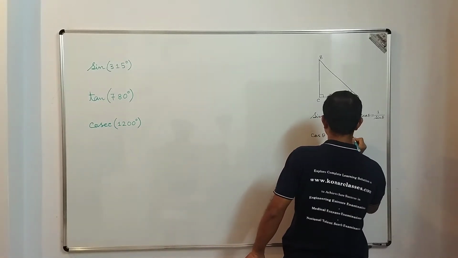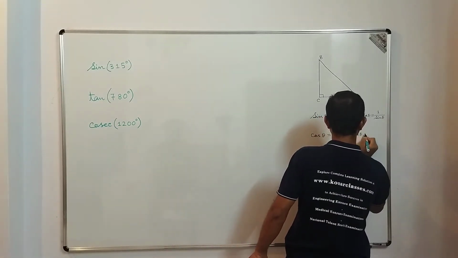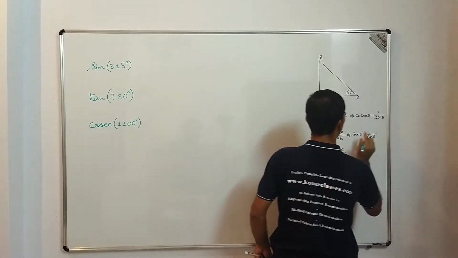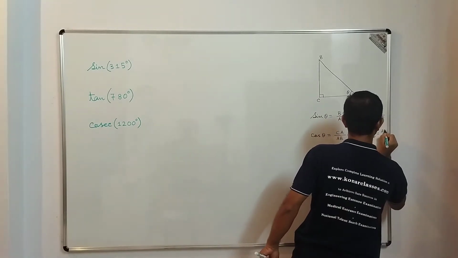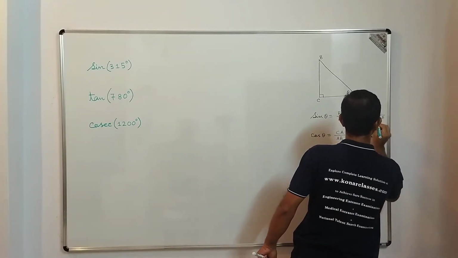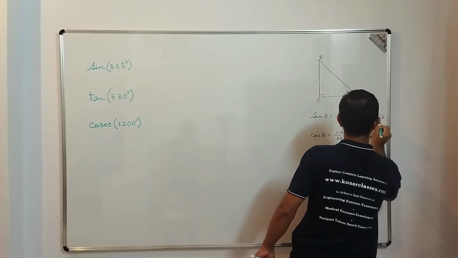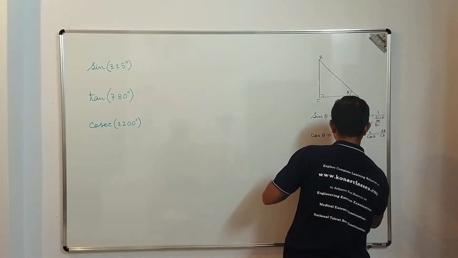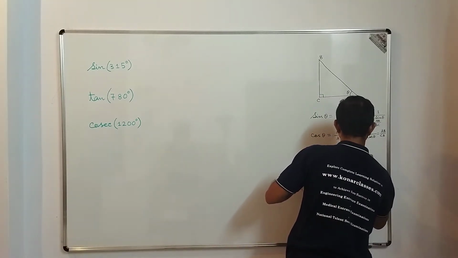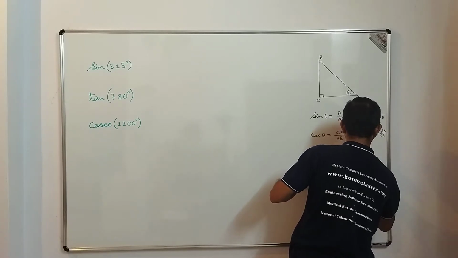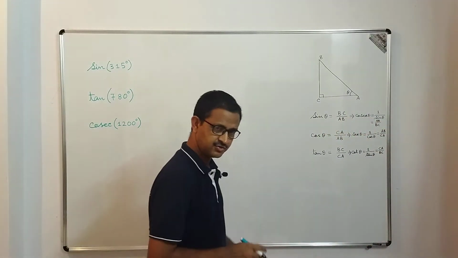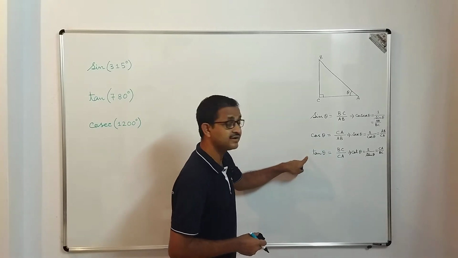So sec theta is equal to 1 by cos theta, so it will be AB divided by CA. Now tan theta implies cot theta is equal to 1 by tan theta, and that should be equal to CA by BC. Okay, so these are the 6 trigonometric ratios.